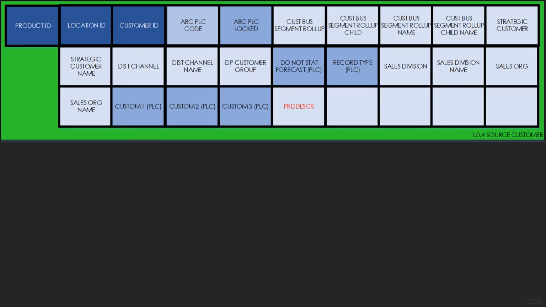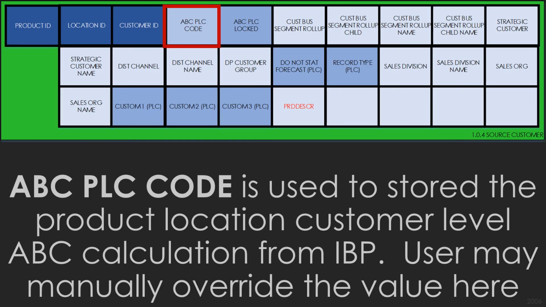Source customer. ABC PLC code is used to store the product location customer level ABC calculation from IBP. User may manually override the value here.